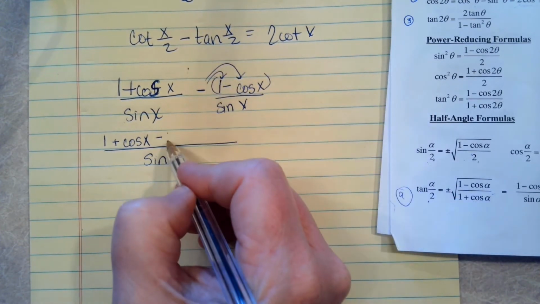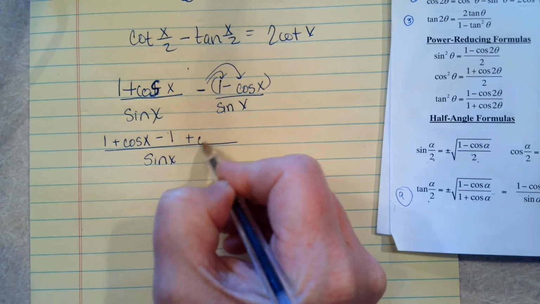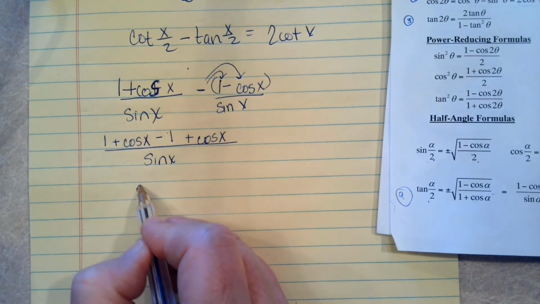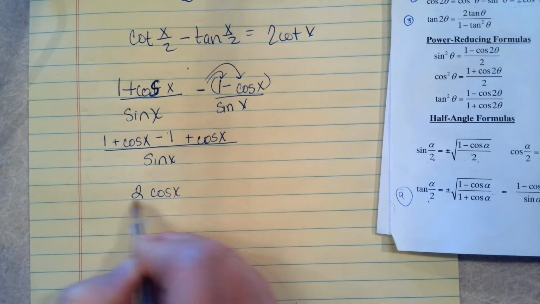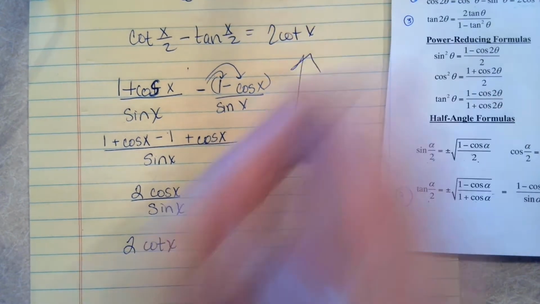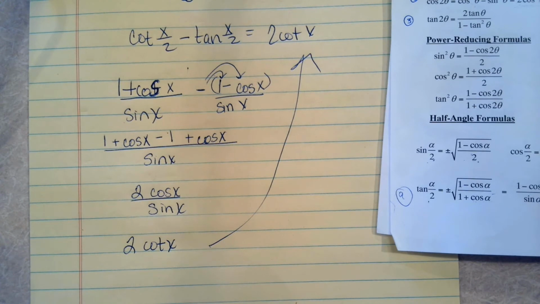I should have put it in parentheses, minus 1 plus cosine x. Well, the ones are going to cancel. You got 2 cosines, so you got 2 cosine x over sine x. Y'all know that cosine x over sine x is cotangent, so this is 2 cotangent x, which is exactly what it needed to be.